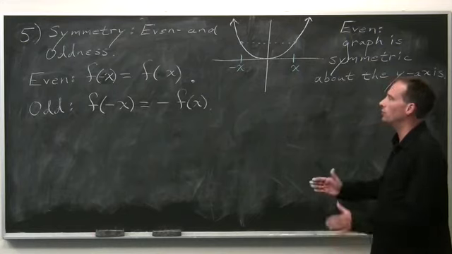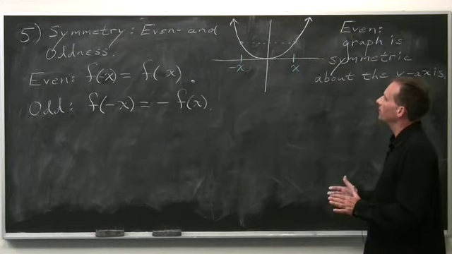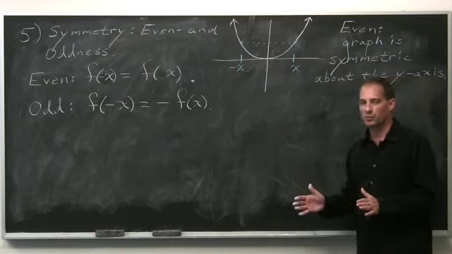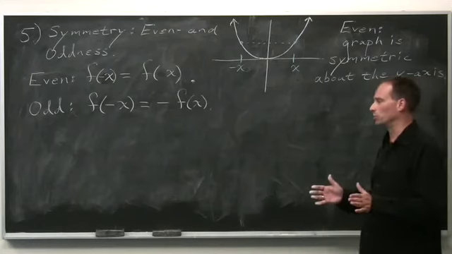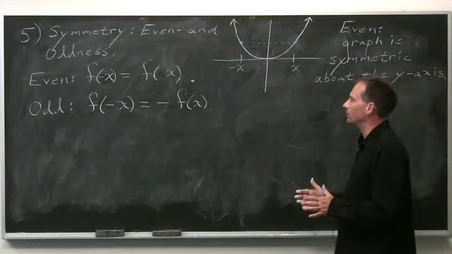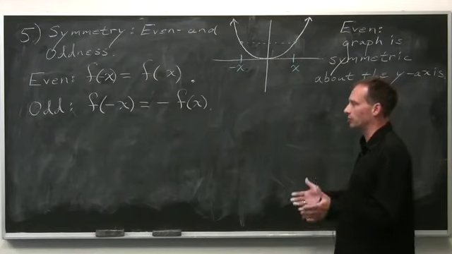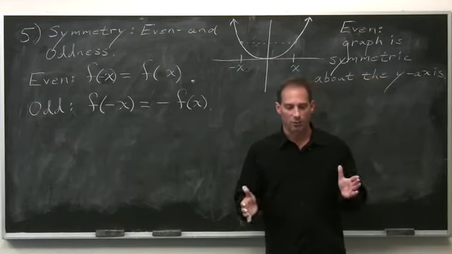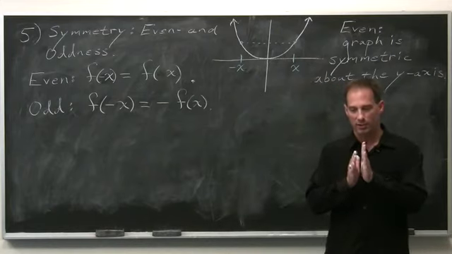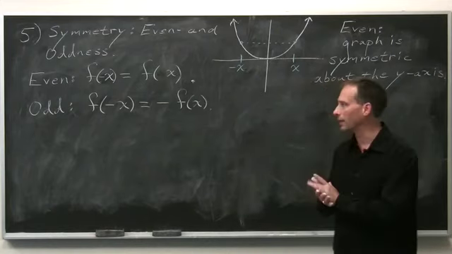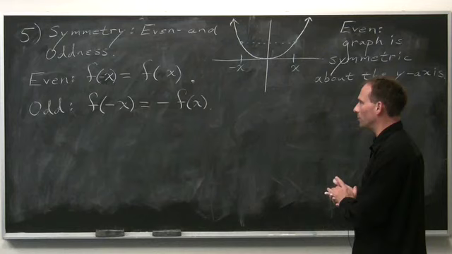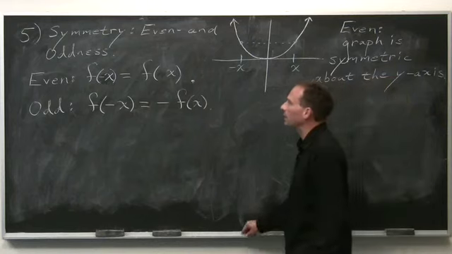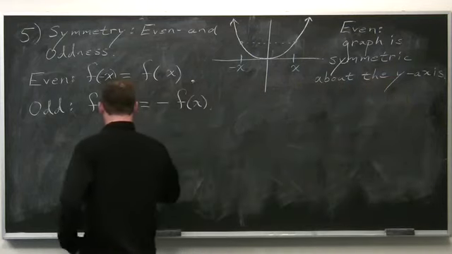For that reason, you could check symmetry first, so that you know you only have to do half as much work. In fact, I probably won't do that, because it just seems more natural to check where the first and second derivatives are positive and negative everywhere instead of artificially just looking at the positive x's and then flipping. But we will note that symmetry could have saved us some work. And then odd functions.